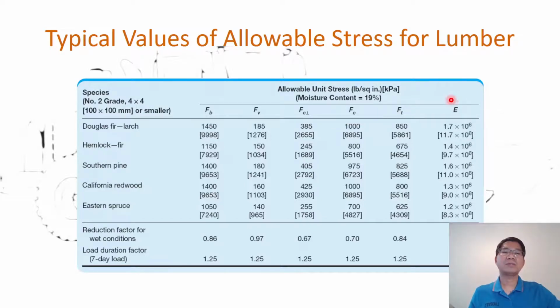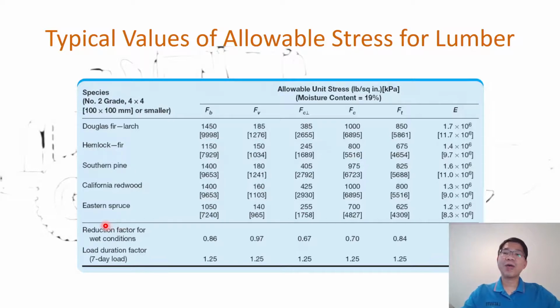Tension and Young's modulus or modulus of elasticity. And for the different types of wood or lumber you have, Douglas fir, hemlock, southern pine, California redwood, Aspen spruce, they have different unit stress that you can have in there.